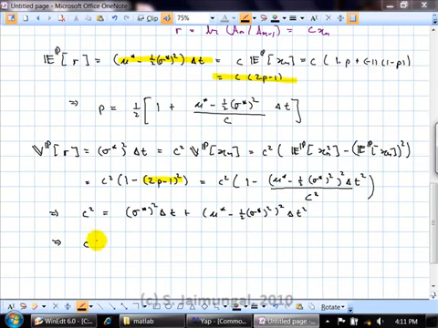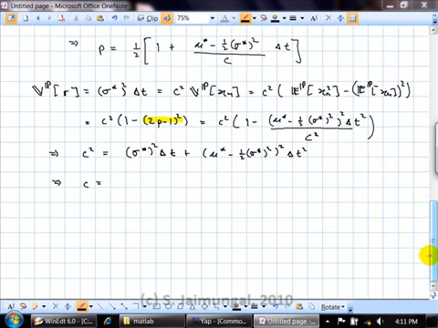Or alternatively, we can write this in the following way. I can find that c equals, since c could be positive or negative, let's just take the positive root.